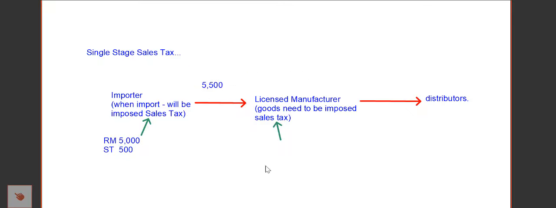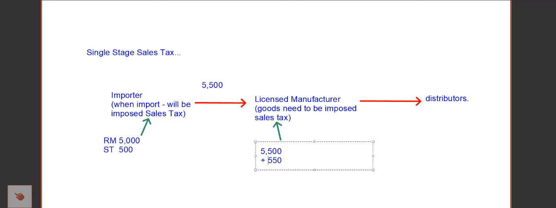So if I'm using the same 5,500, when the 5,500 comes to you as a licensed manufacturer, you will impose another 10%, because as a licensed manufacturer you have to impose sales tax. So the sales tax becomes compounded inside the figure. The 500 now adds another 550. So the same products that you sell, because of the multiple layers of sales tax charged, end up so expensive that at the end of the day, people will suffer.